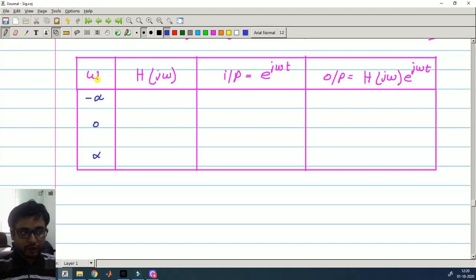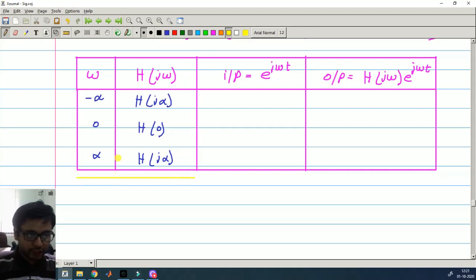For each of these omega values, we can calculate H j omega at those values, and then for any input of the form e to the power j omega t, the corresponding output will be the input multiplied by these constants. So these first two columns essentially contain all the information required about a system.